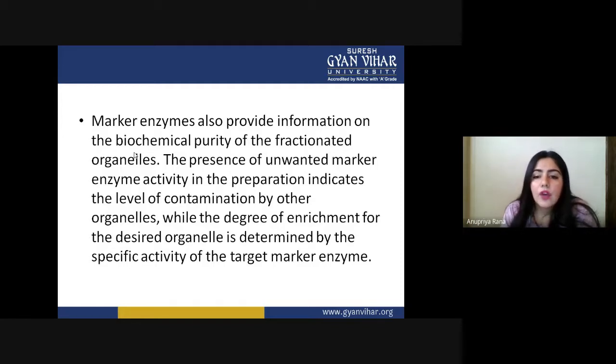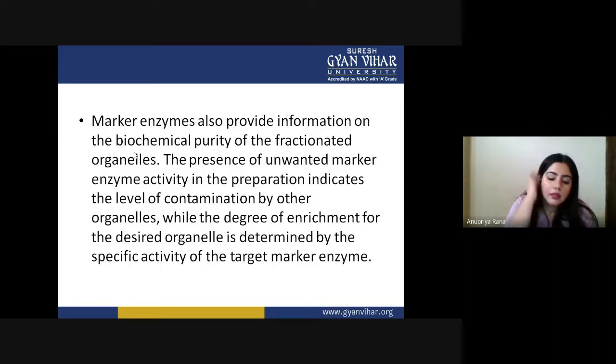The degree of enrichment for the desired organelle is determined by the specific activity of the target marker enzyme, because these marker enzymes are specific to every organelle present inside the cell.